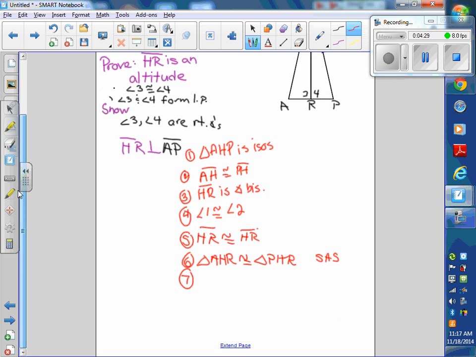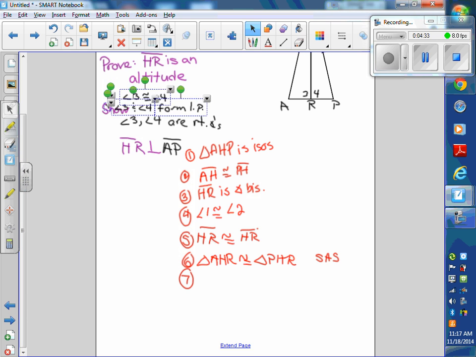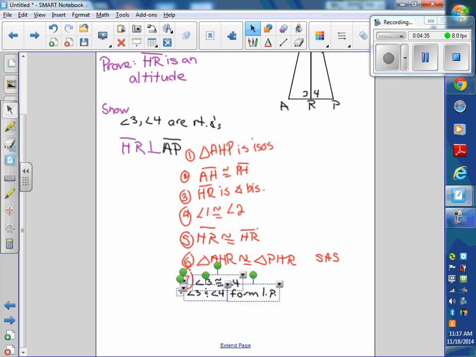Perfect. We want angles 3 and 4. So step 7 is 3 and 4 are congruent. Step 8 is just given from the diagram. They form a linear pair. Step 7's reason is corresponding parts of congruent triangles are congruent. This is diagram.